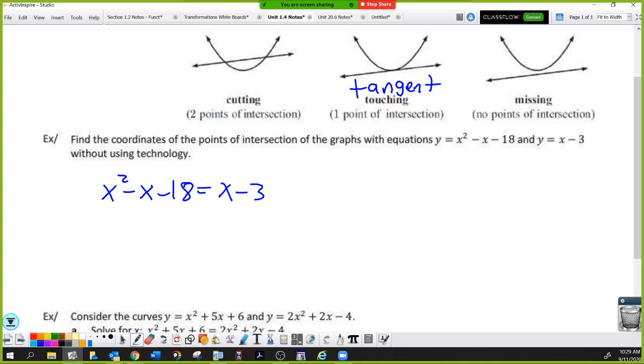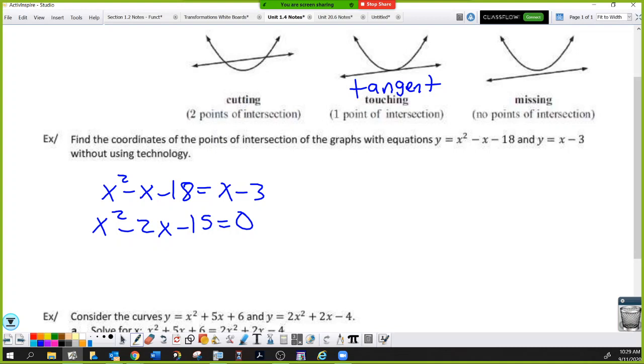So that means I'm subtracting an x. Now I have negative 2x. I'm adding a 3. Now I have negative 15. And it's just a regular old quadratic now. I just solve for x. And it factors, which we should have known it was going to because they said do it without technology. So you're looking for the two numbers that multiply to be negative 15 and add to be negative 2.